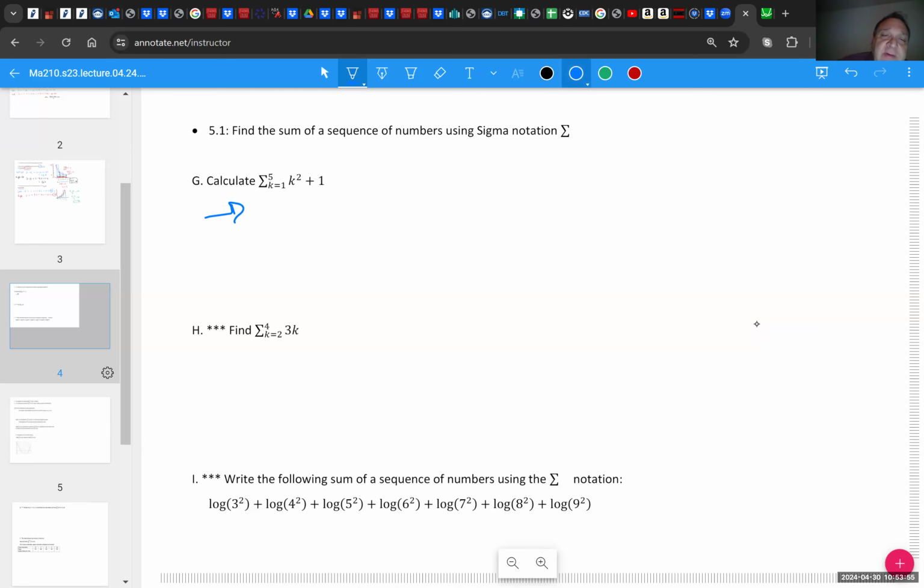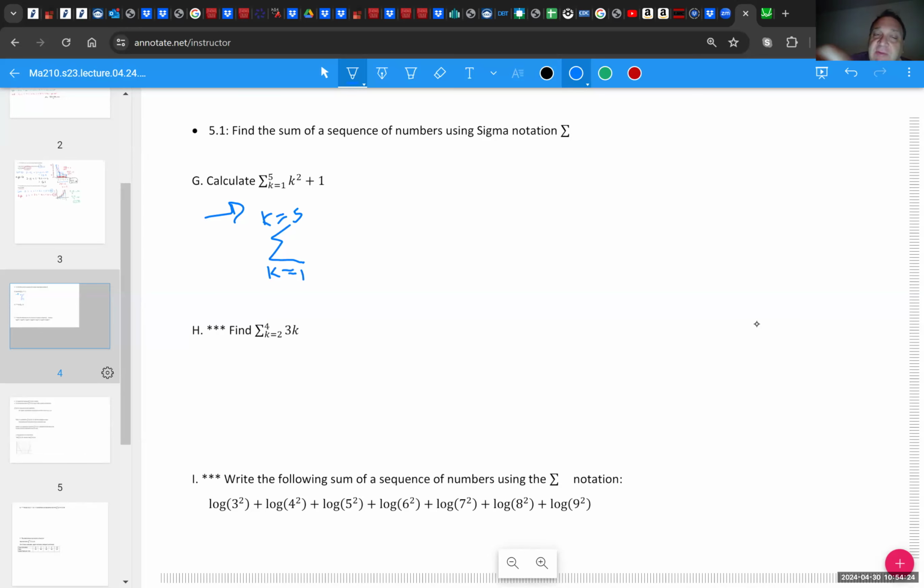So the first thing I'm going to do is write k equals 1 here at the bottom, so it's very obvious that that's the bottom value of k. And then the 5 is also a value of k, so instead of just writing a 5, I'm going to write k equals 5. So we're basically going through k values. And for sigma notation, we only use whole numbers: 1, 2, 3, 4, 5. There's no decimals or fractions for these problems.